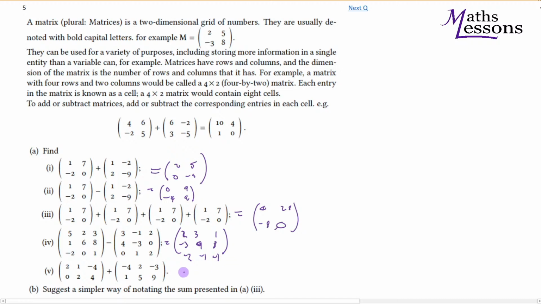And then we're going to add these two together. So we're going to get minus 2, 1 plus 2 is 3, minus 4, minus 3 is minus 7, 0 plus 1 is 1, 2 plus 5 is 7, and 4 plus 9 is 13.